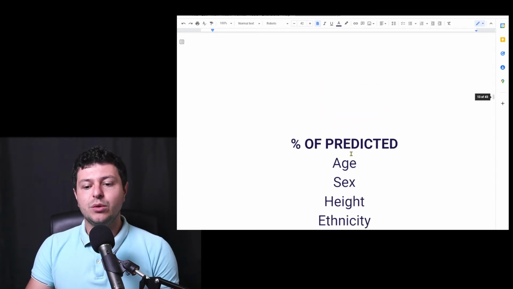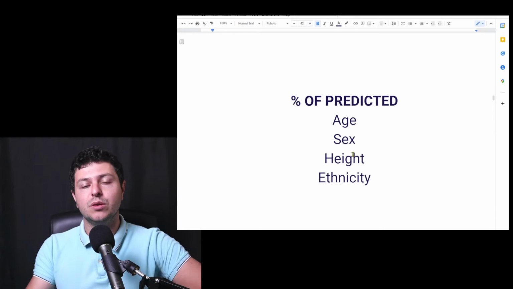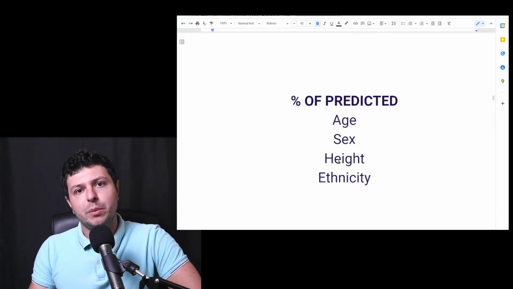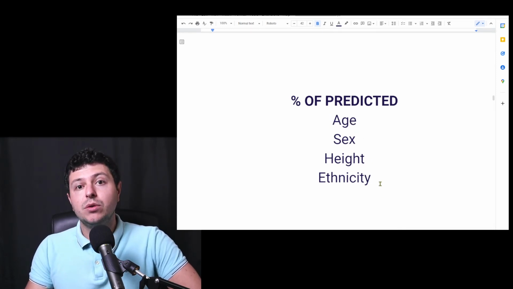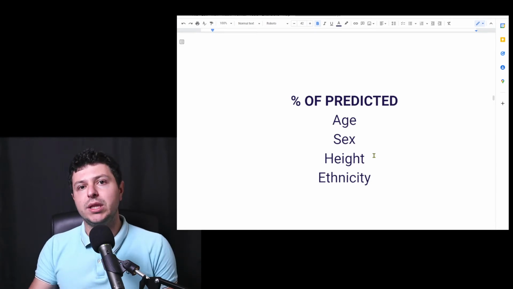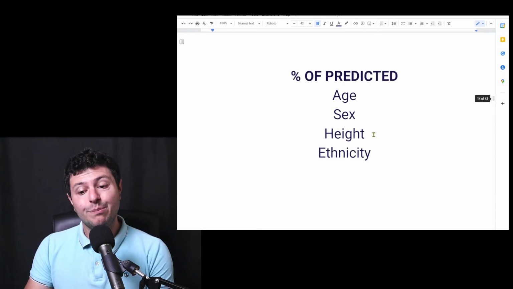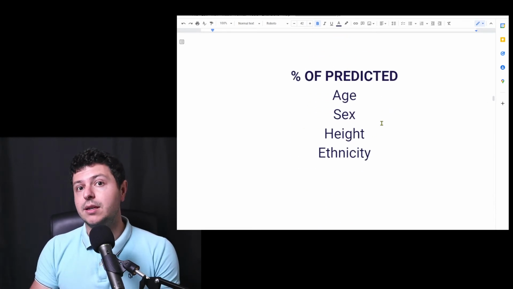When you first go in for a spirometry, the technician, physician, or nurse doing the test will measure your height, probably your weight as well. They will note your age, your sex, and your ethnicity, because most equations that predict what this percentage will be in your case are based on these parameters. And for each person, it's a little bit different.